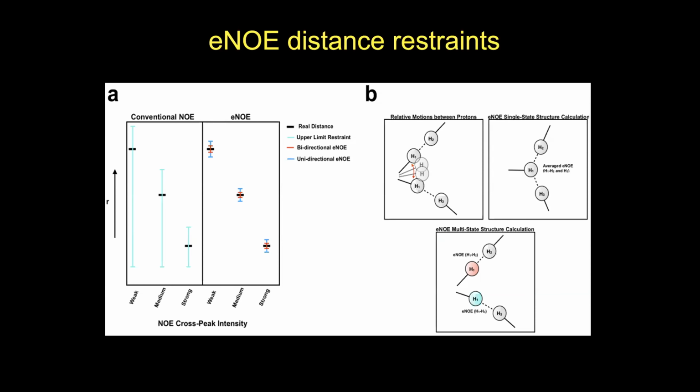So when you calculate an average structure, which is really the standard procedure, you would probably place this proton in the middle between proton 2 and 3, because you have strong NOEs to both of them. Now we started to play around with structures that allow multiple states.